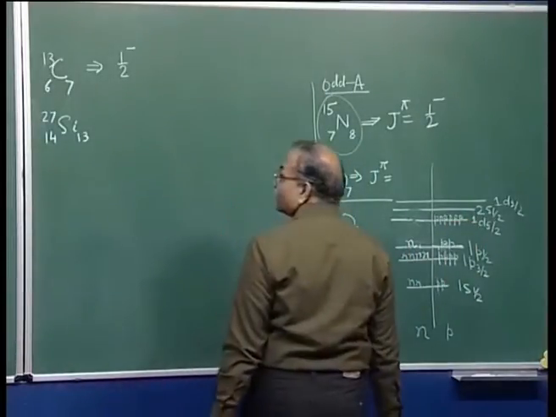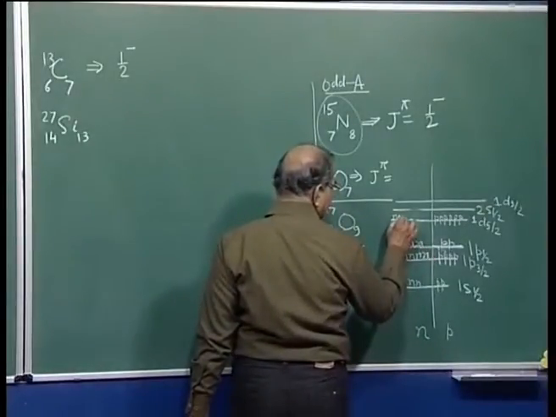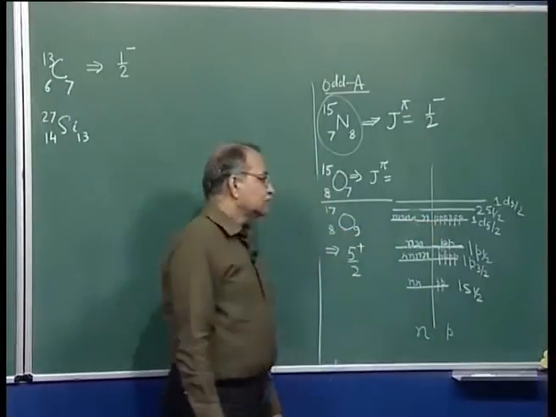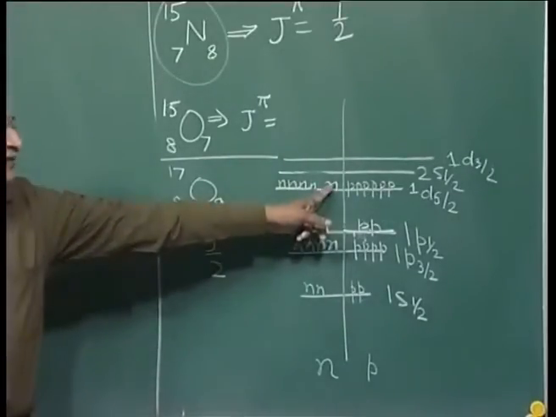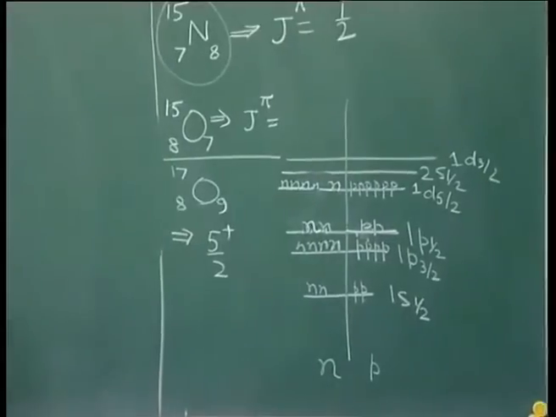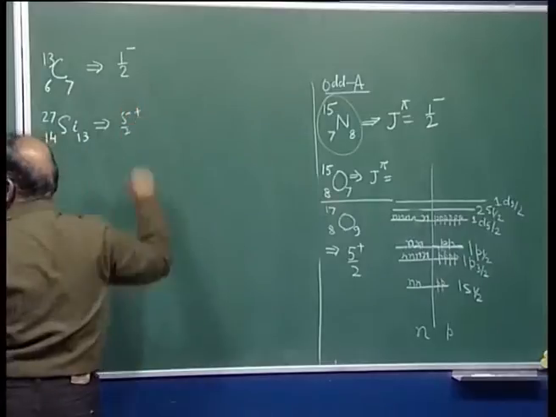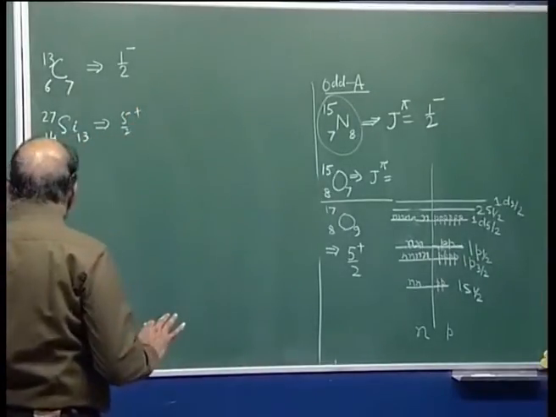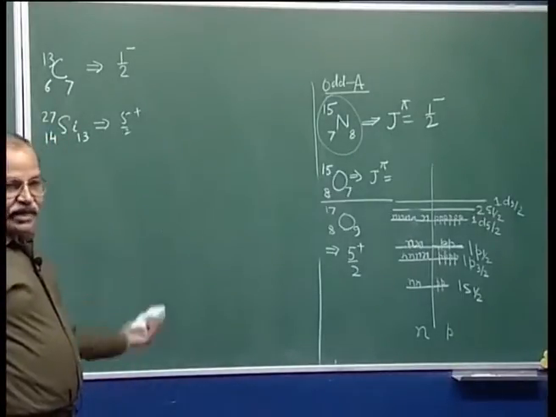And N is 13. So that means what should be the spin parity? 5 by 2 plus, correct. So it is 5 by 2 plus. So for most of these odd A nuclei you will find that this extreme single particle model prediction is correct.